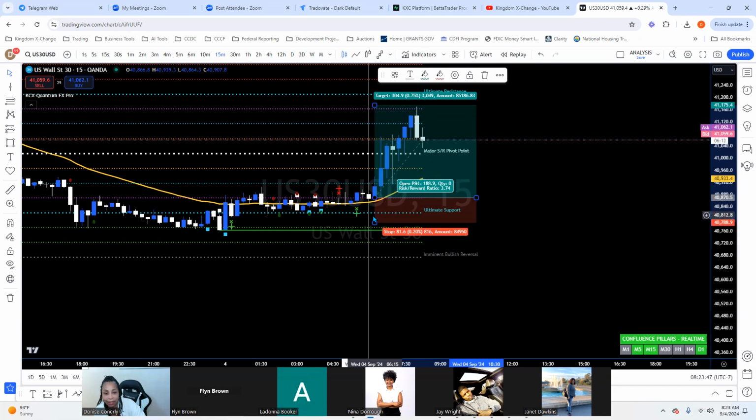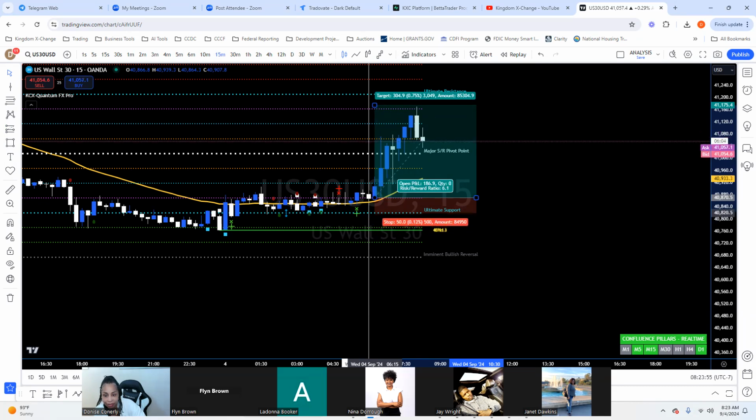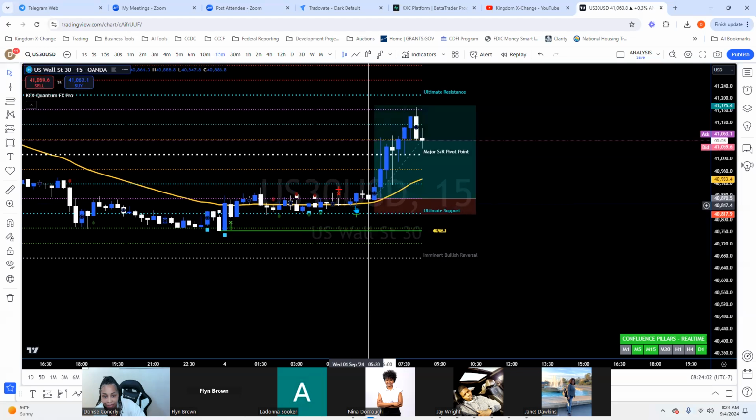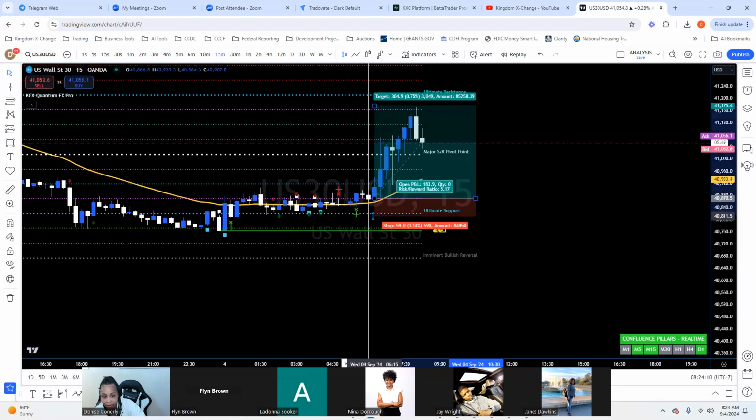My stop loss on this, if I'm trading the hour, this is how I get these really tight stop losses. It's going to be a little bit below where my signal candle was. But you can also do it below the low, which was the lowest candle, which is here. A little bit below there, right?